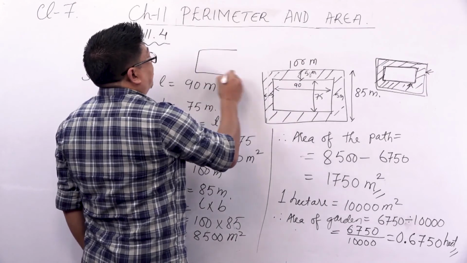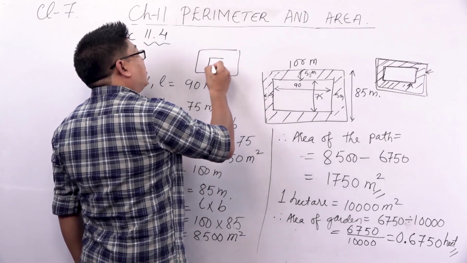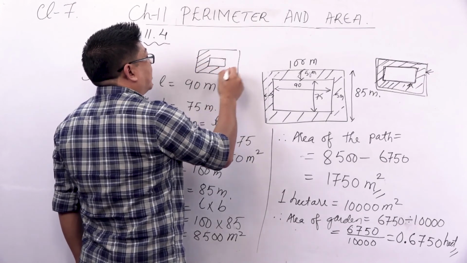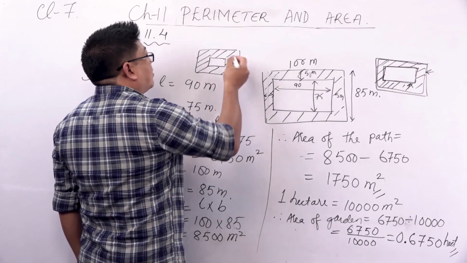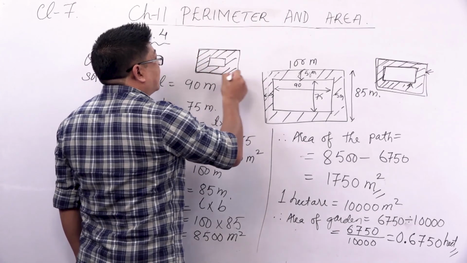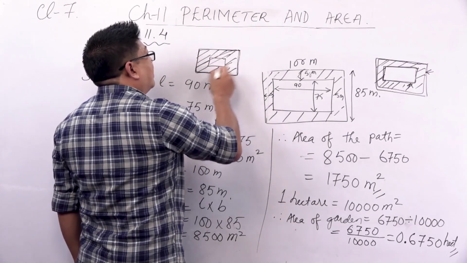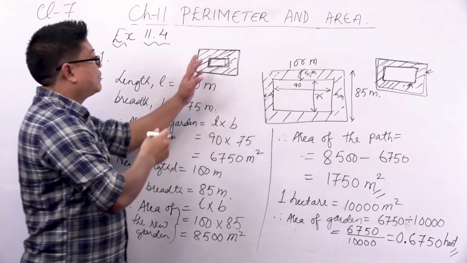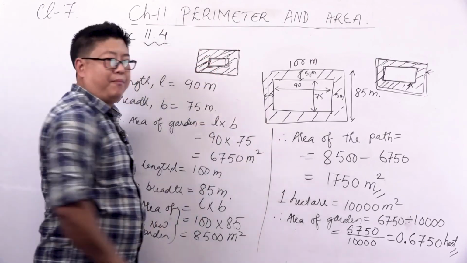You will be given one rectangle, and inside you will be given another rectangle or square, and they will ask you to find the area for this. So you find the area of the outside rectangle, find the area of the inside figure, and then subtract these two to get the remaining portion.